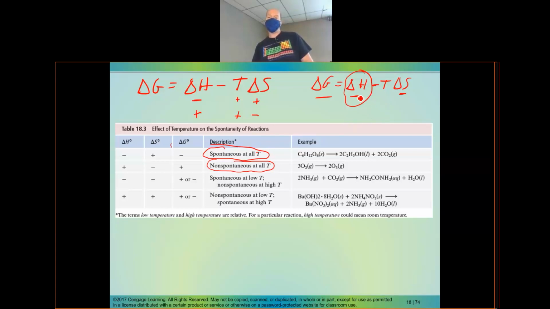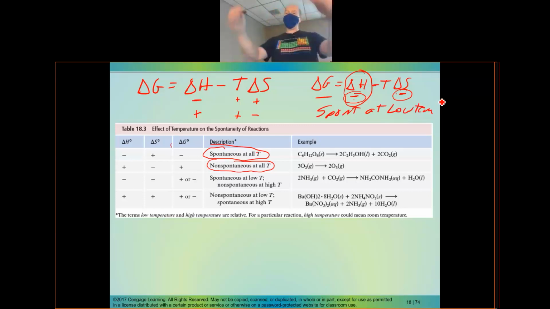So it's very nice that if your delta H is negative and your delta S is negative, you're going to be spontaneous at a low temperature. So negative, negative, low temperature, you're spontaneous.